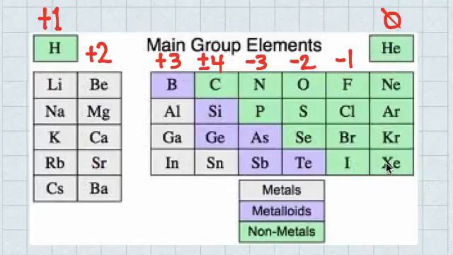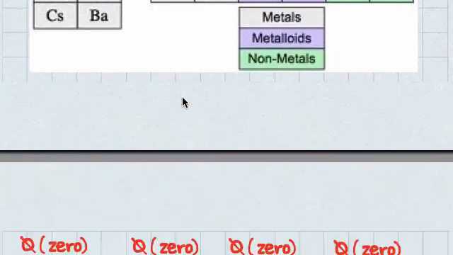Noble gases don't want to do anything. Fluorine would rather gain a negative, so that they could have an electron configuration as a noble gas would. And the negative 2 family likes to gain 2 electrons. By the time you're to the nitrogen, phosphorus, and carbon, silicon family, these guys can do just about whatever they're asked to do by the more or less electronegative elements they might be in combo with.